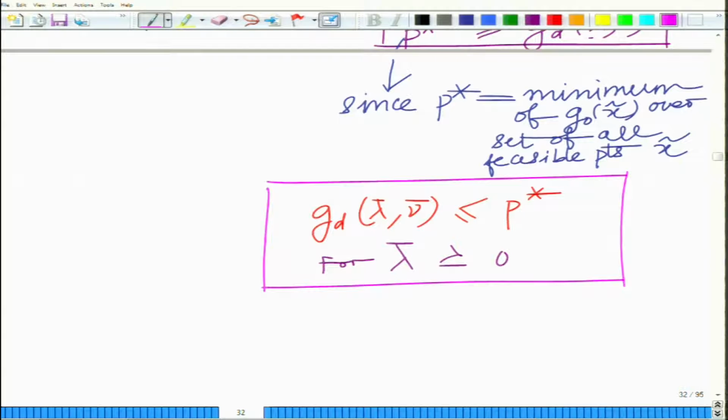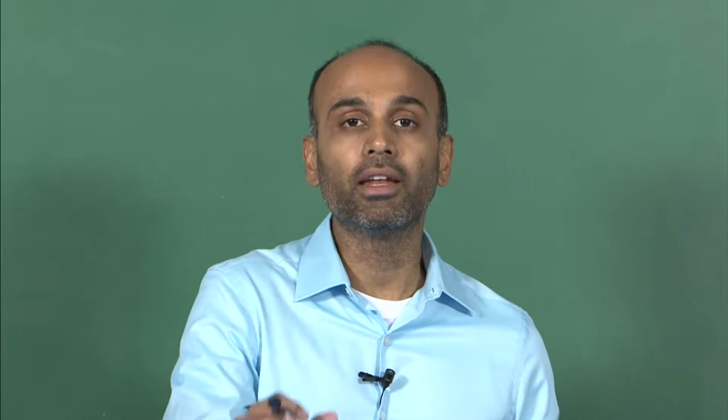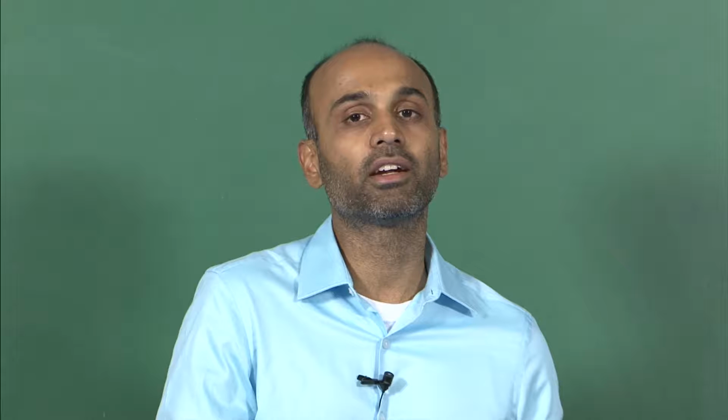So, this is basically that, and therefore, what this shows is that the Lagrange dual function g(lambda bar, nu bar) holds for any nu bar and any lambda bar such that each lambda is greater than or equal to 0.